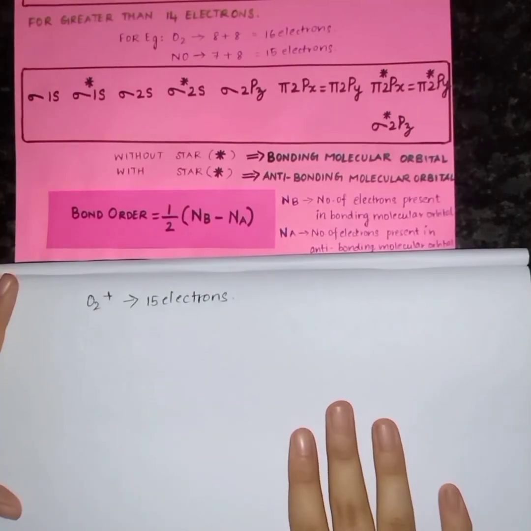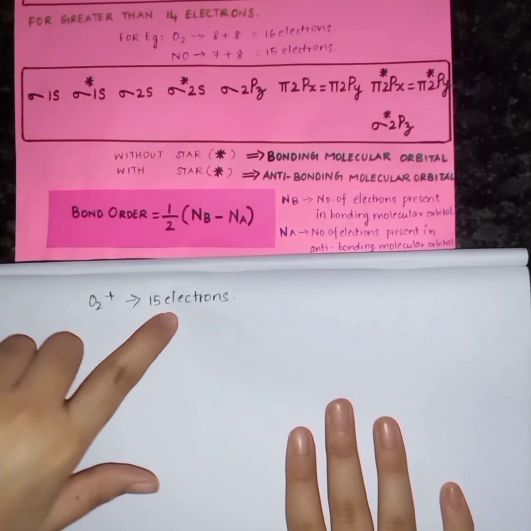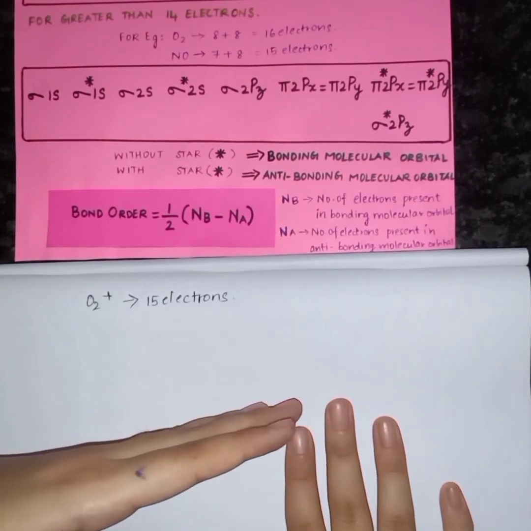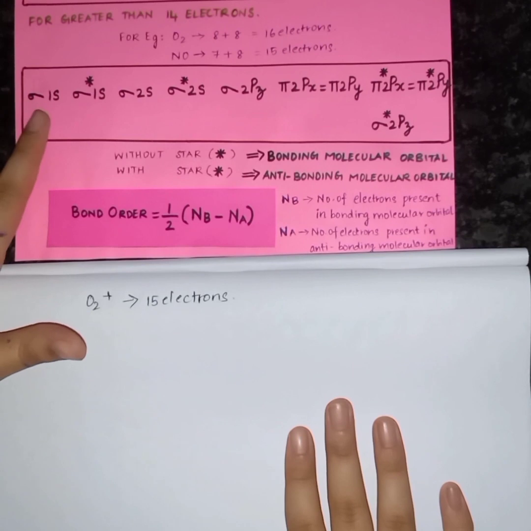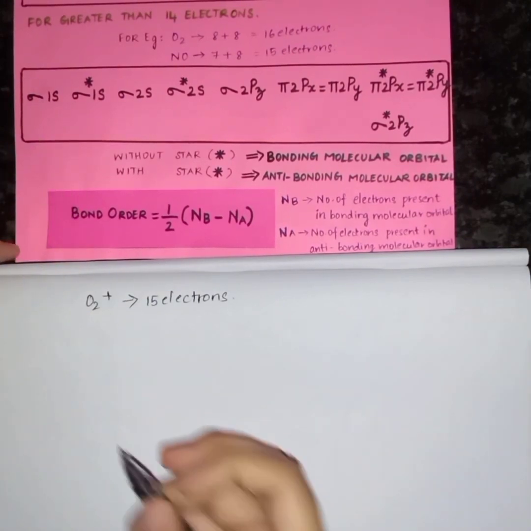Calculate the bond order of O2 plus. O2 plus is having 15 electrons, which is greater than 14. Again, you have to apply the same formula. So let us write the formula.